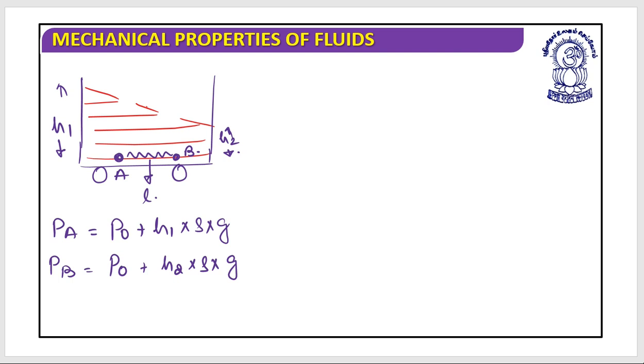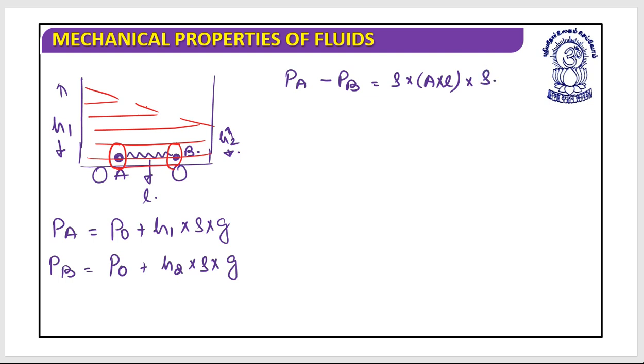One more thing. If I write down all the forces, according to Newton's laws of motion, I can create an imaginary cylinder over here, and this cylinder has length L and cross-sectional area A. So what I can write is PA minus PB is equal to rho into area into length, which is the volume, multiplied by acceleration.